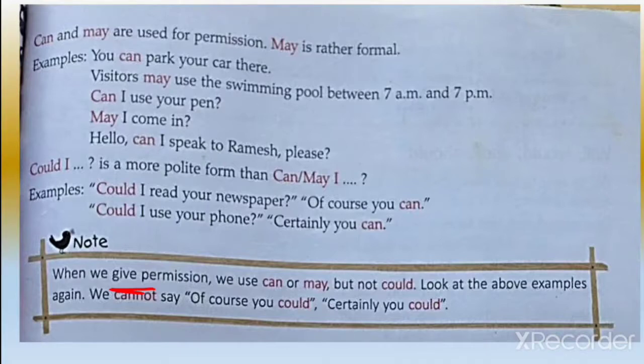May and can, both we can use for permission. May is rather formal, may is more polite than can. But when you are talking about could, then could is a more polite form than both can and may. So I hope, students, the use of can, may and could is very clear for you.